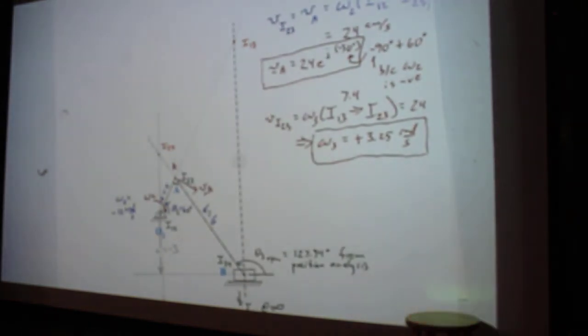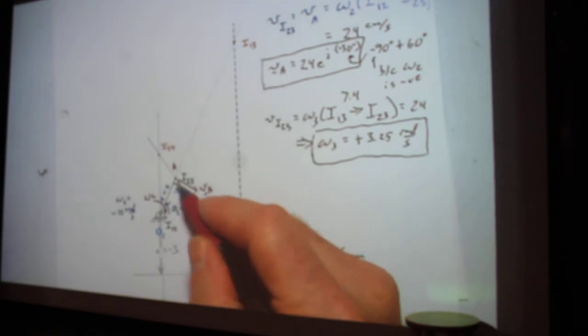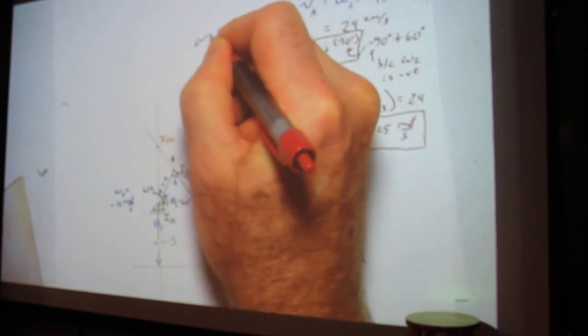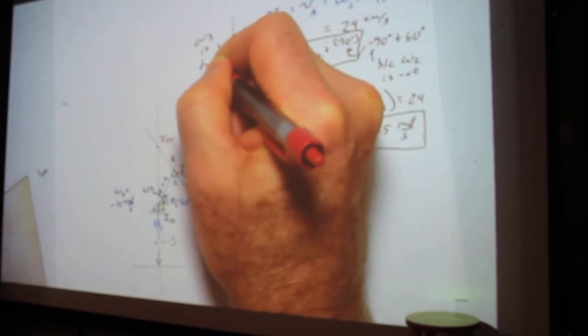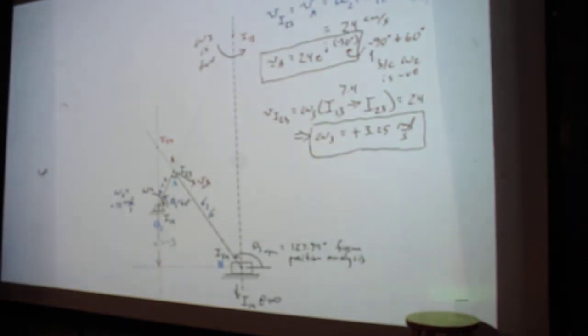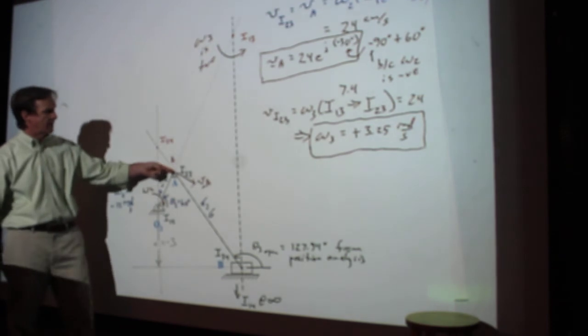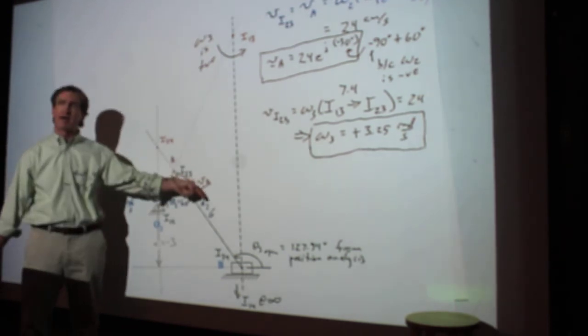All right. Now I say plus because if this thing is going this way here, then my omega-3 is positive. That is from observation. So think about it. Here's the velocity of I-23. I know the linear velocity of I-23 is going down like that.